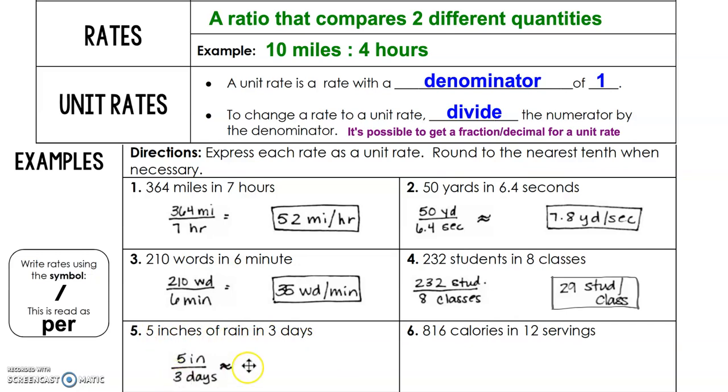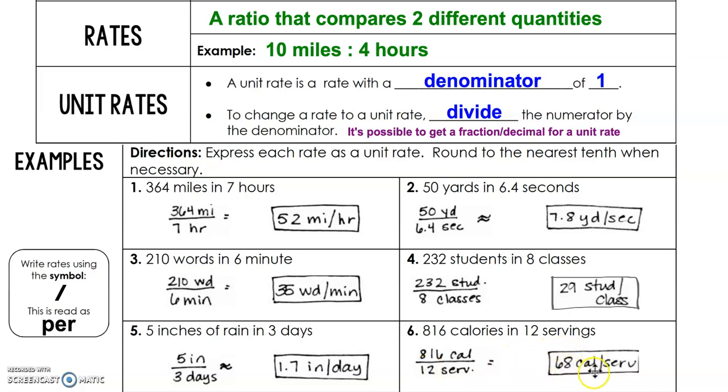So 5 divided by 3 gives us about 1.7 inches a day of rain. 816 calories in 12 servings. So how many calories will be in 1 serving? So 816 calories divided by 12 servings gives us 68 calories per serving.